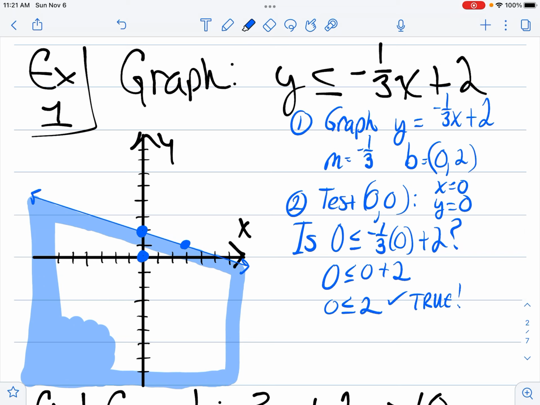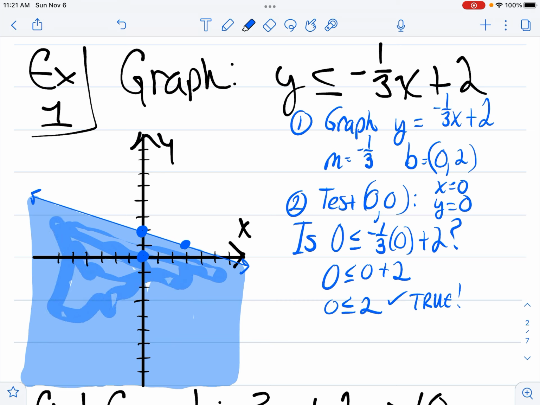So there we go. Okay, and there is the answer to example 1.